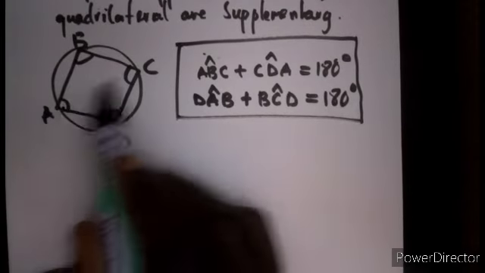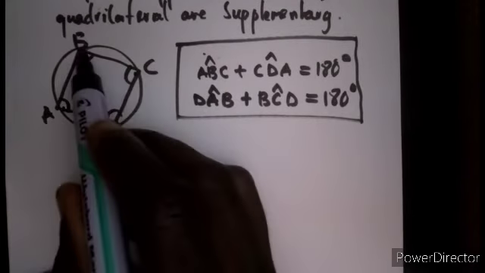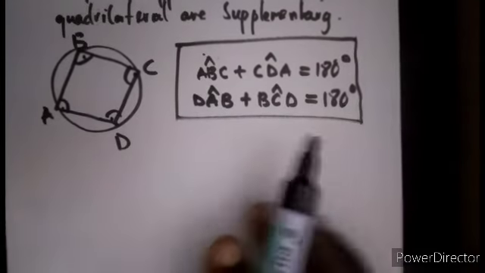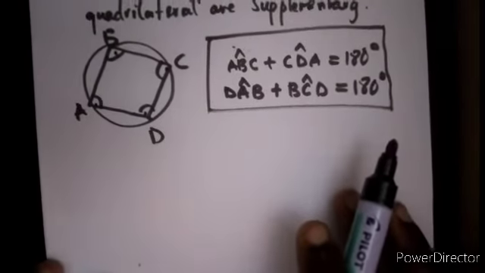As this angle plus this angle is 180 degrees, and this angle plus this angle is 180 degrees. So that's proposition 4.